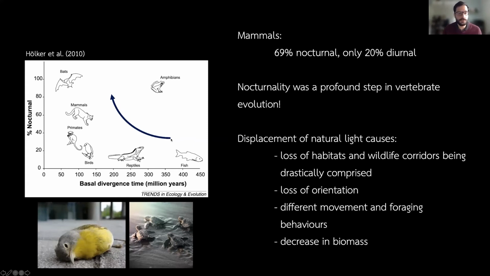And if we take a look even at the evolution of vertebrates, for example, we can see here that nocturnality was in fact a very profound step, with an increasing number of animals becoming nocturnal over the last 50 to 100 million years. So nocturnality was really a profound step for the evolution of these animals.